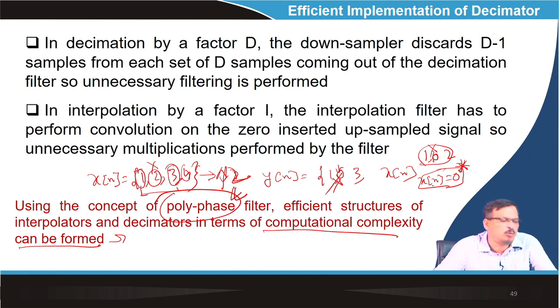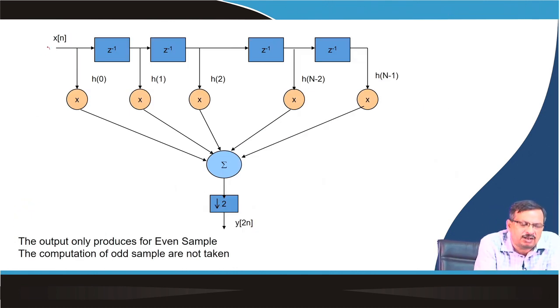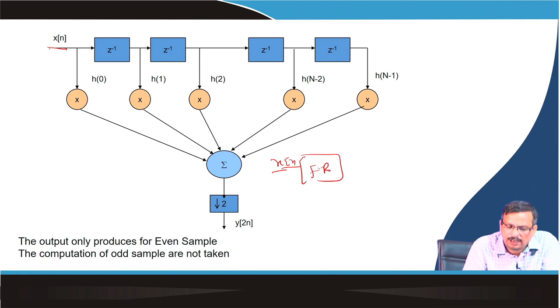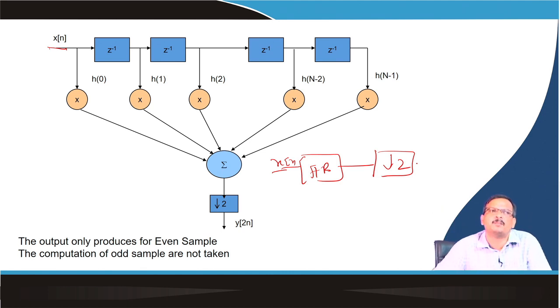So, what is polyphase implementation? Let us say I have an input x of n that passes through an FIR filter and then is downsampled by 2. Let us say this is my system diagram.